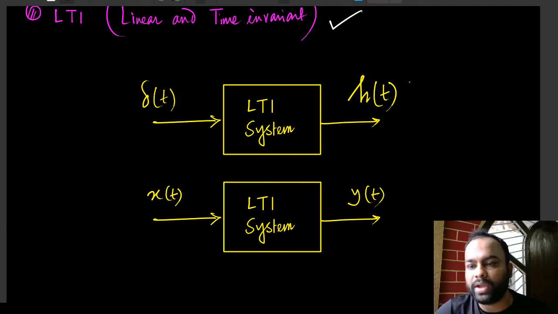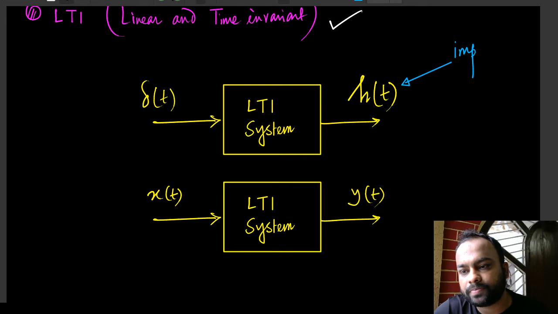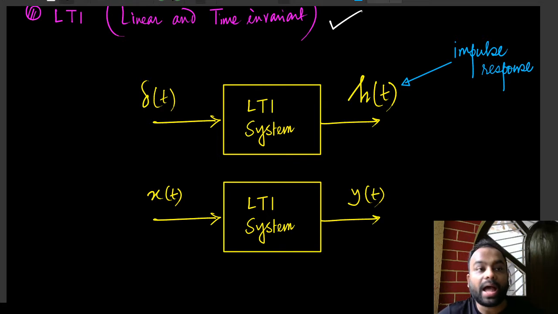So what we have here is known as an impulse response. For the most part, try to understand that I can excite a system with an impulse input and I would get the so-called impulse response from the system.